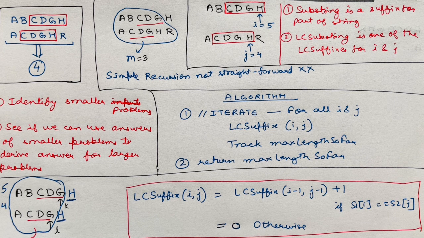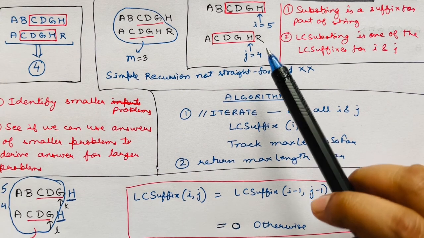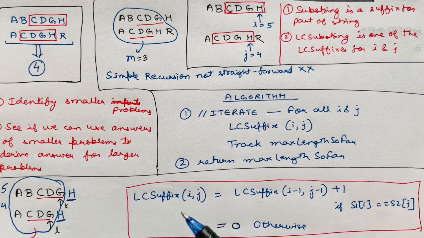So let's make a very small change here. When we say longest common suffix for i, j, let us say that this expression means that we are considering the first i characters of S1 and the first j characters of S2. Note that it is different from what we have been considering so far.